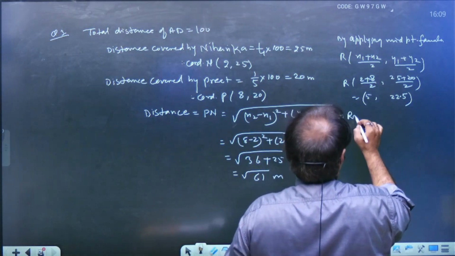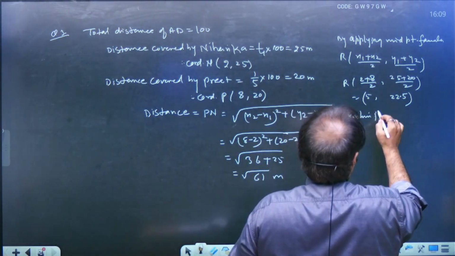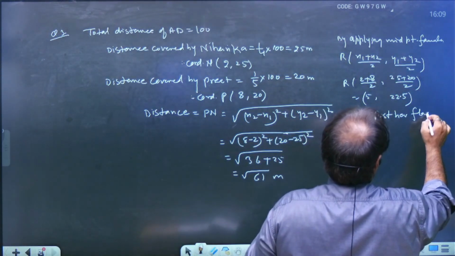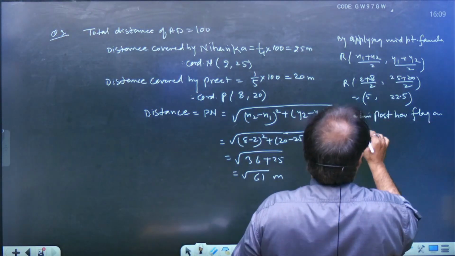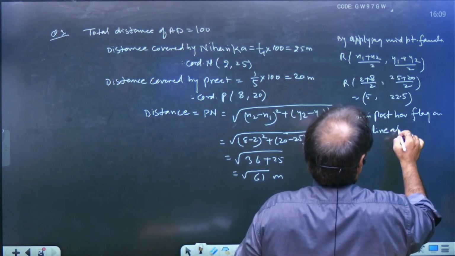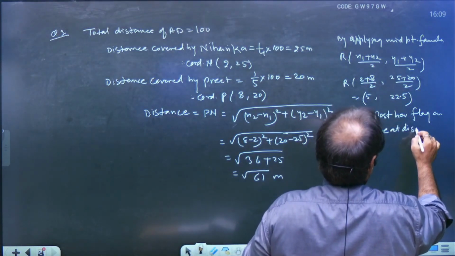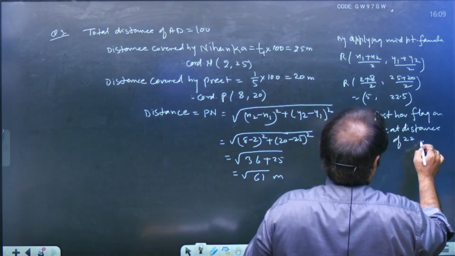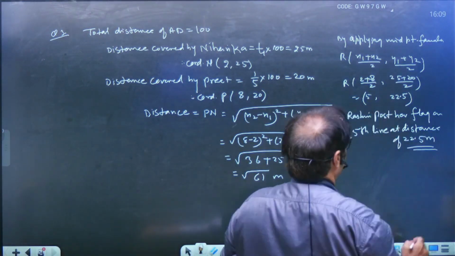It means Rashmi posts her flag on the fifth line or fifth row at a distance of 22.5 meters, right?